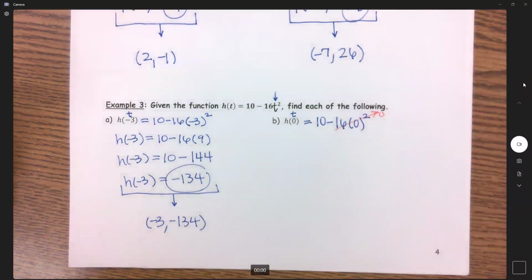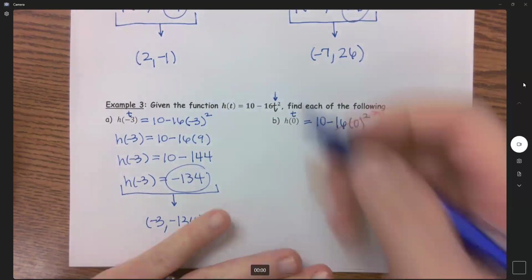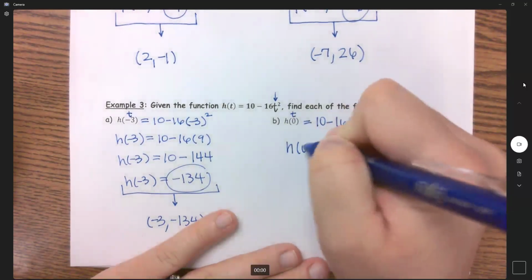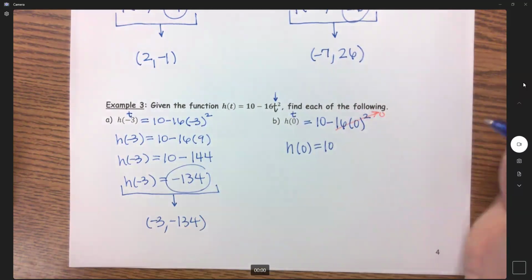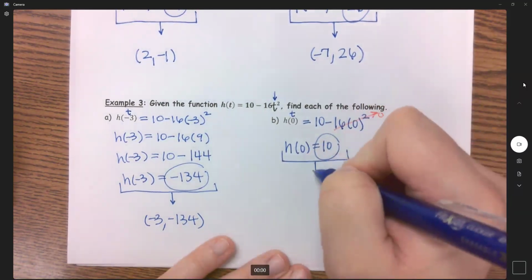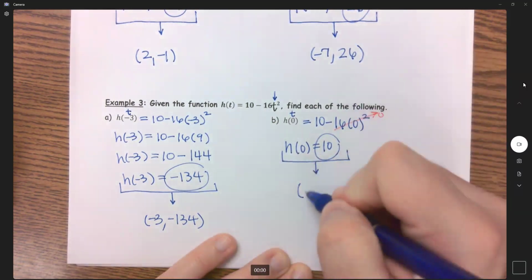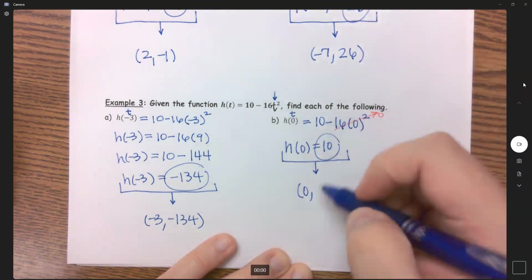This whole thing will reduce to 0. So now I have 10 minus nothing, so my h of 0 equals 10. So what is this as an ordered pair? My input, what I plugged in, was 0, and what it equals is 10.